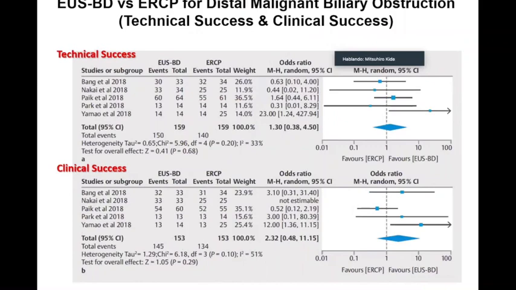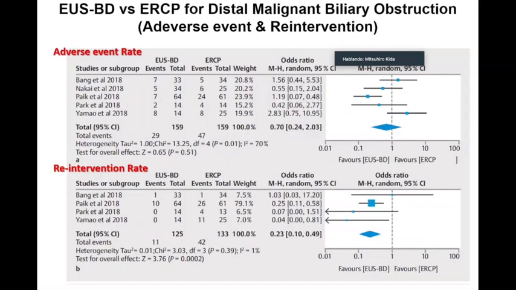Concerning technical success and clinical success, there is no significant difference between EUS-BD and ERCP. Concerning adverse events, there is also no significant difference between EUS-BD and ERCP. However, concerning re-intervention, EUS-BD has a lower re-intervention rate.